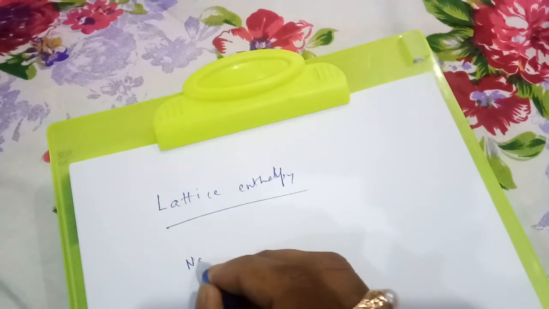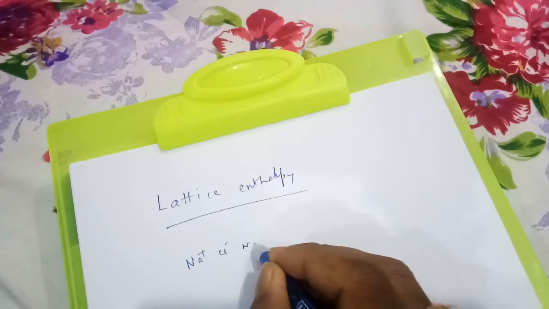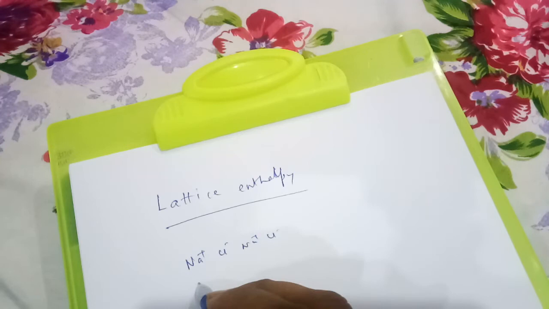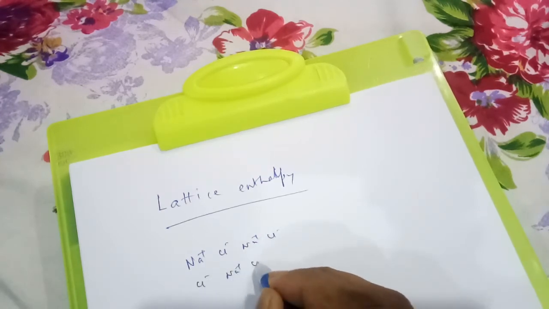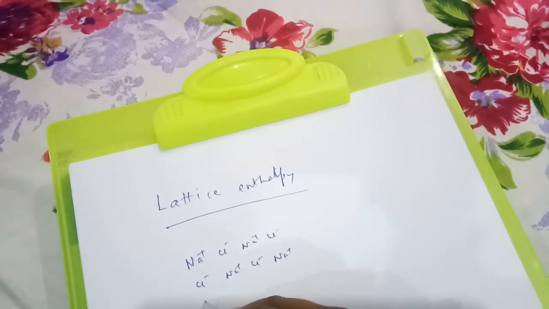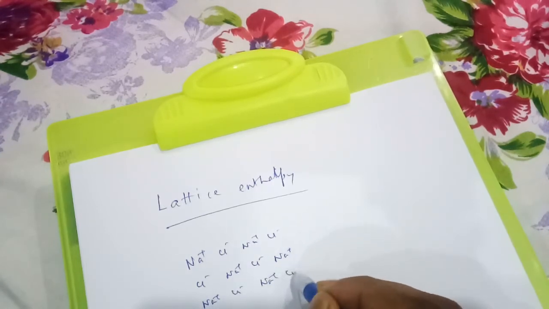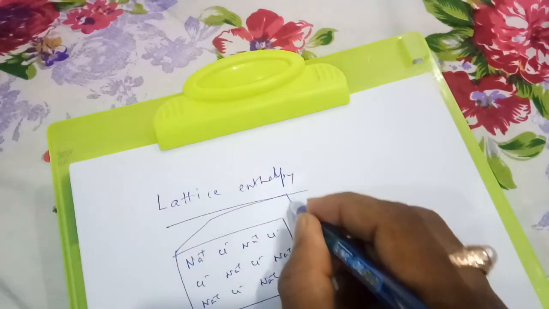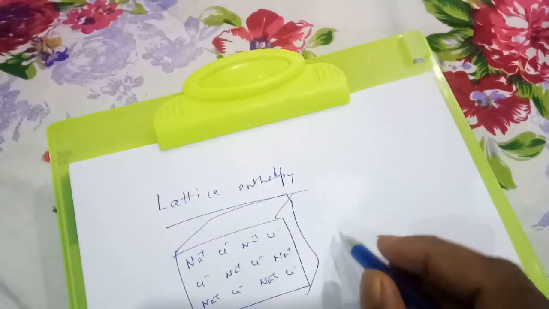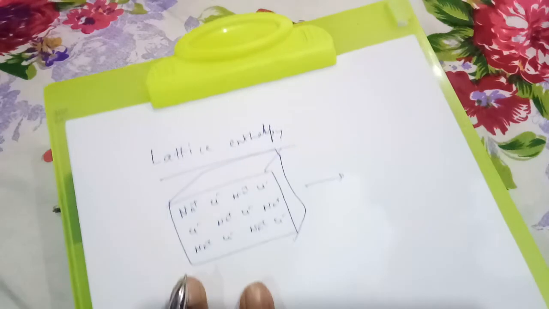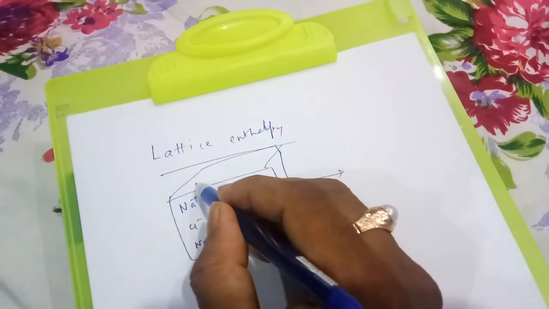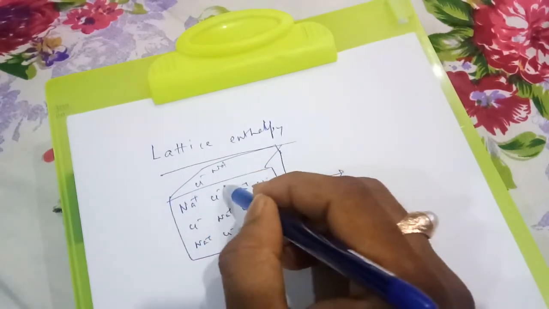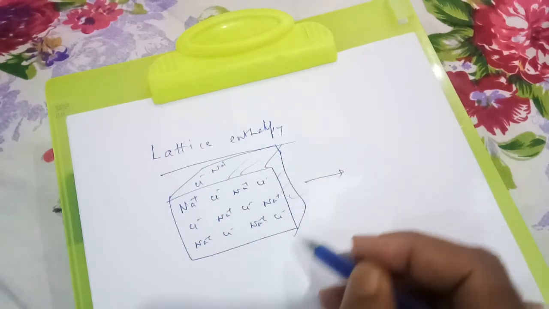Now if we have NaCl, it is arranged three-dimensionally like that: Cl negative, Na positive, Cl negative, Na positive, and it goes on like that.